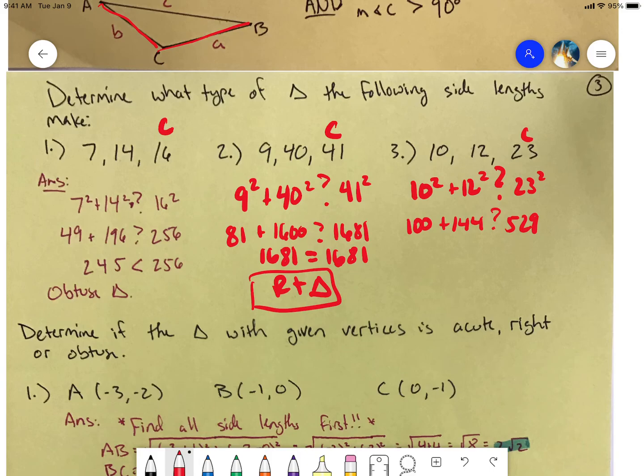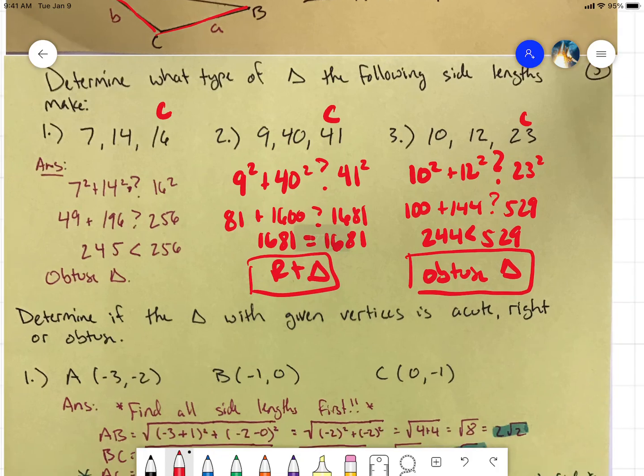All right, hopefully by now you're actually able to see what this is without actually adding them. So this is 244. How does it compare to 529? Well, 244 is obviously less than 529, so this is actually also an obtuse triangle. Okay.